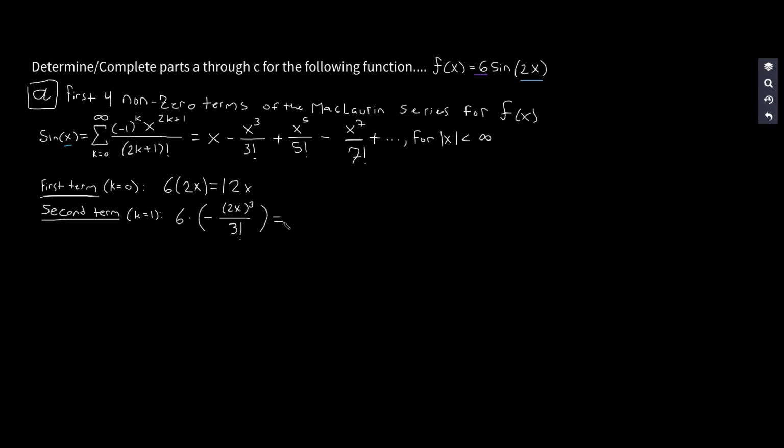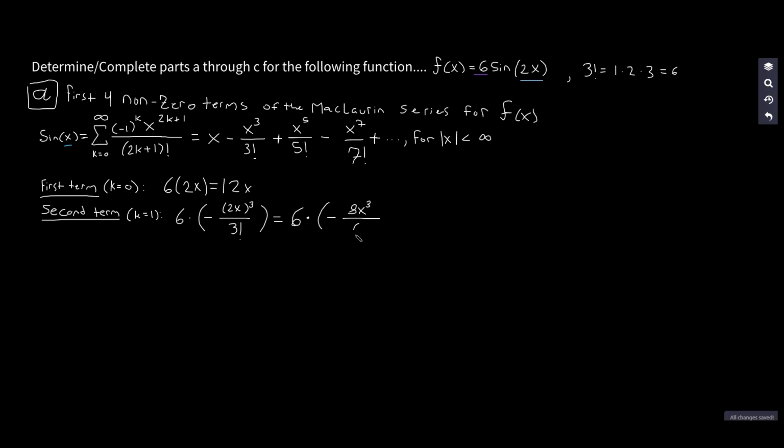And then we're going to simplify this. 6 times 2 raised to the third power is going to be 8. And then x raised to the third power is just going to be x raised to the third power. 3 factorial equals 1 times 2 times 3, which is 6.